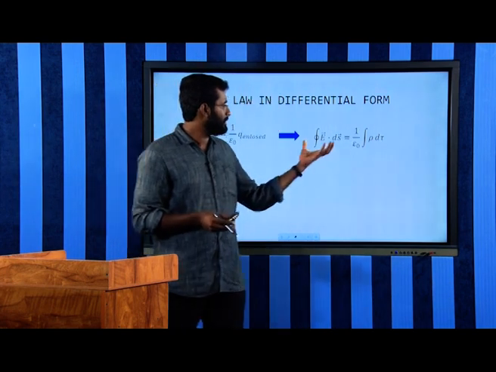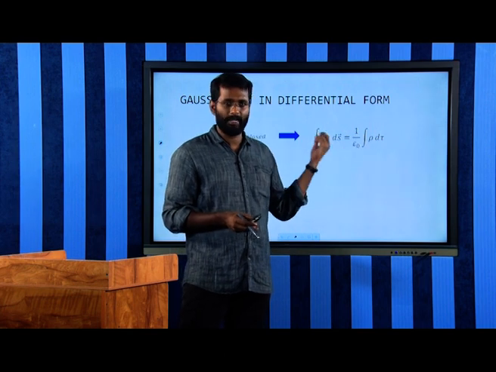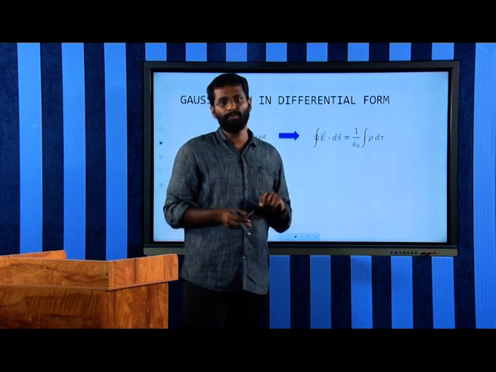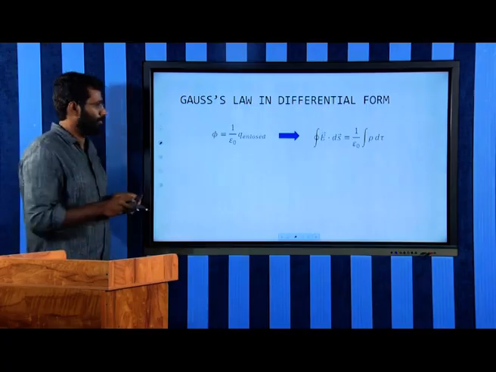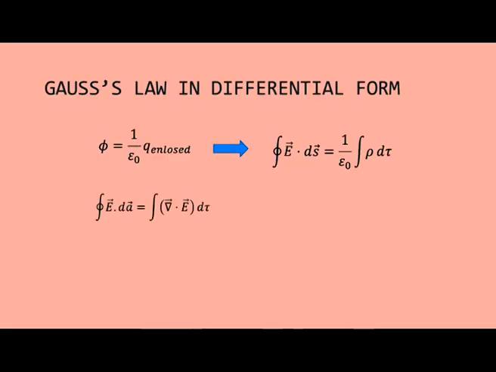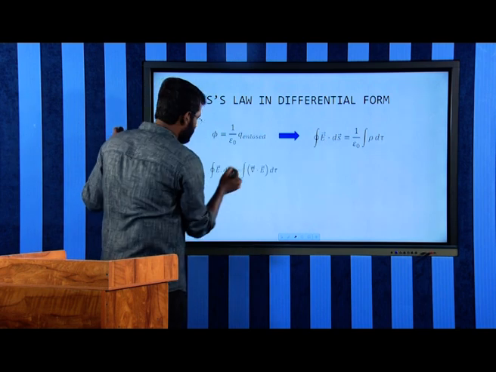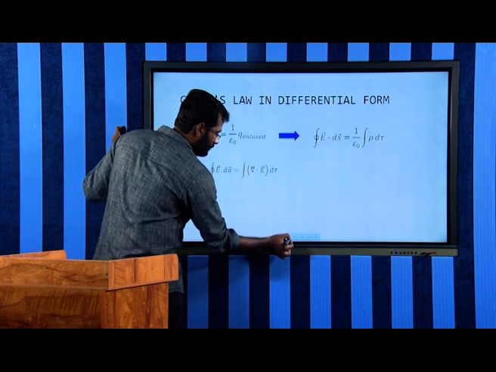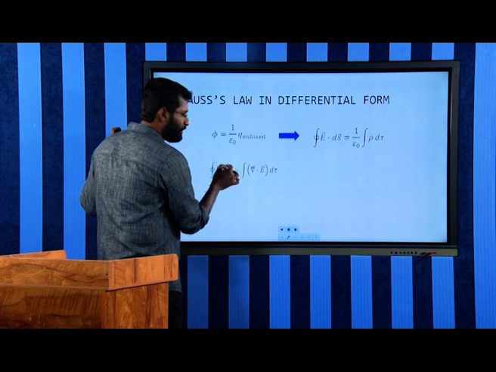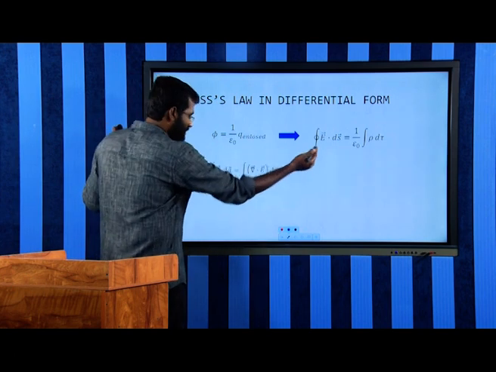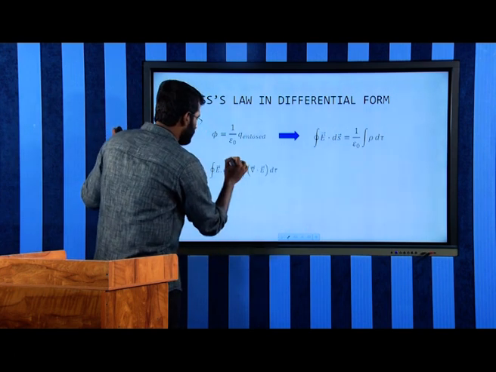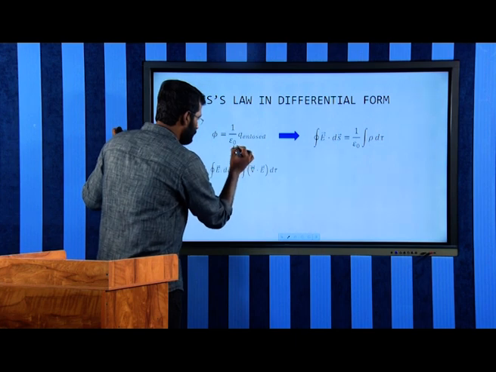This is the integral form, and now we want to convert it into the differential form. Here E dot dA and E dot ds are the same, no need to be confused. For area we use sometimes A or S, so you can read it as ds itself.